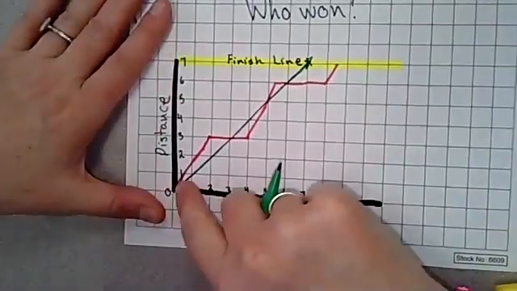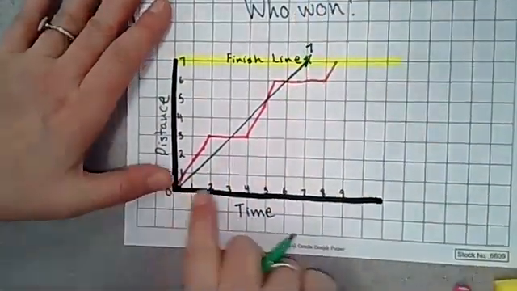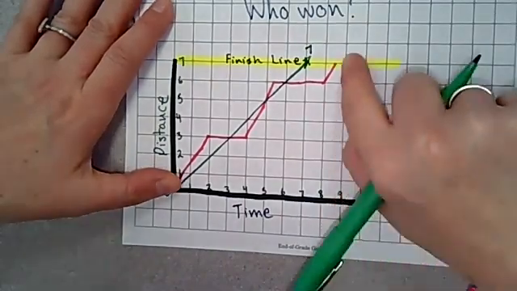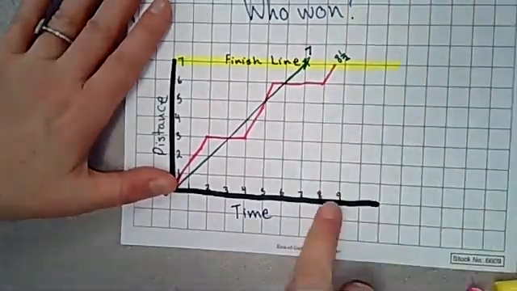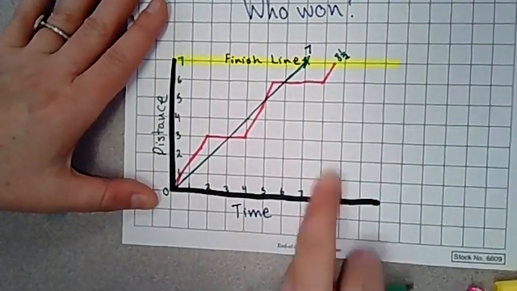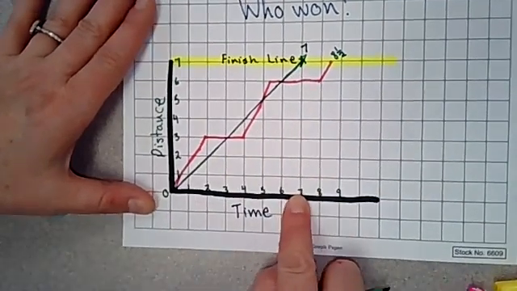And if you look, the turtle got to the finish line in 7, and the hare got to the finish line in 8 1/2. So the hare lost. Even though the turtle got there first because he did it in less amount of time.